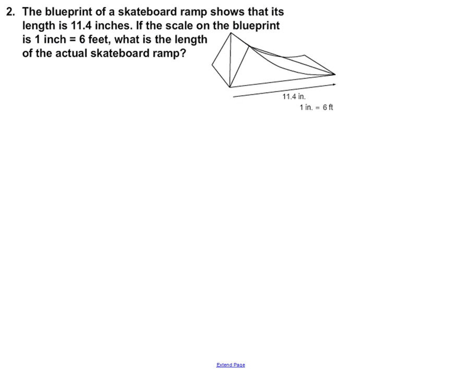Here's another example. Example number 2. The blueprint of a skateboard ramp shows that its length is 11.4 inches. If the scale on the blueprint is 1 inch equals 6 feet, what is the length of the actual skateboard ramp? Again, we're going to start setting up our ratios, and here we actually have a plan in front of us. So we're going to set up the ratio plan over actual.